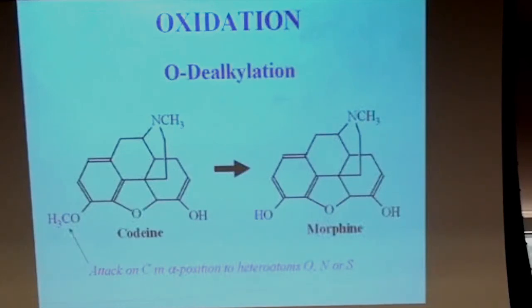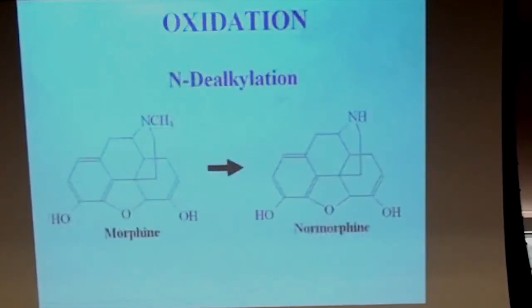So if you have methoxy groups on your drug molecule, P450 likes to take them off. So for example, codeine will be converted into morphine. You're oxidizing here and taking the CH3 group off. And then we do one step further. You see there's a CH3 group on the nitrogen here. P450 will then also take this group off, and we go from morphine to normorphine. So again, P450 is very good at taking alkyl groups off molecules.